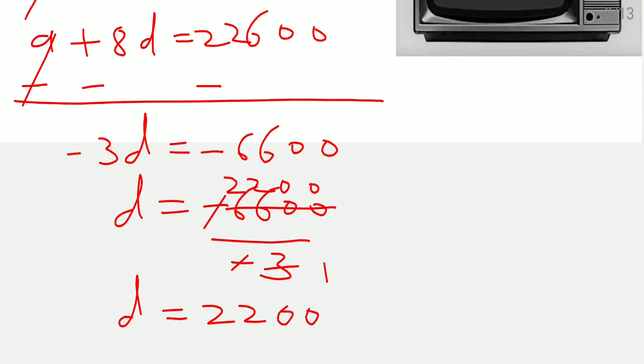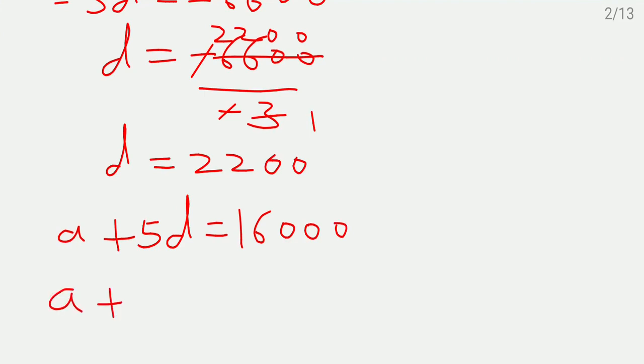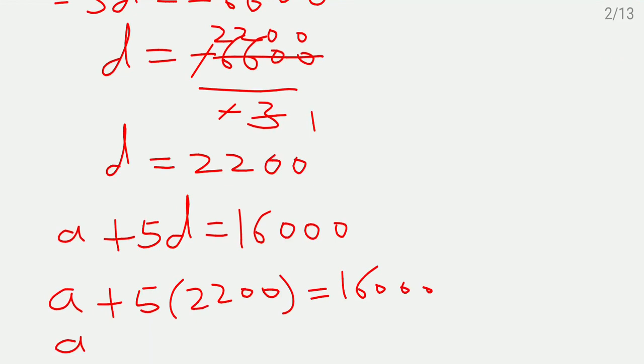Right? Now this value I will substitute in equation 1. A plus 5D is equal to 16,000. This is our first equation. Into this I'll substitute the value of D, which is 2200. 5 times 2200 is 11,000.